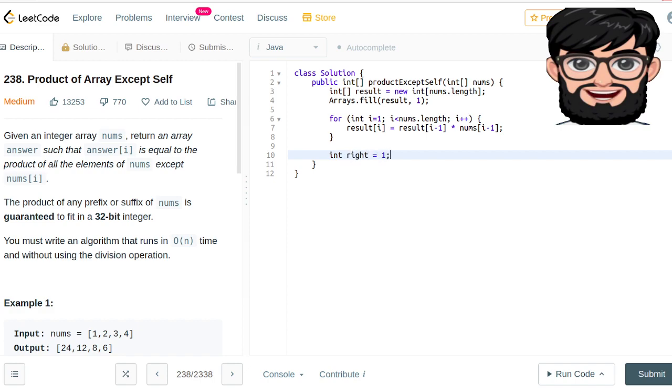For that, we're going to initialize our right equal to 1, and for int j equals nums.length minus 1, j is greater than or equal to 0, and j minus minus.